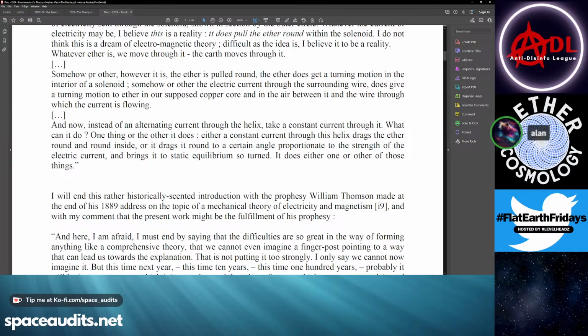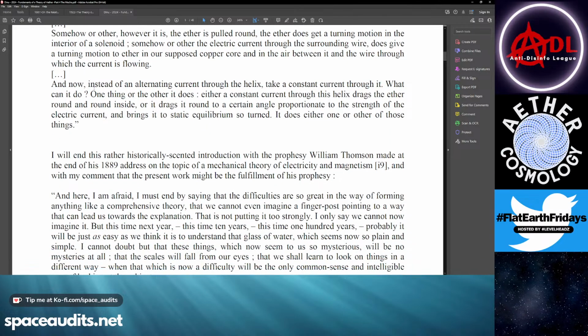My bad. Somehow or other, however it is, the ether is pulled around. The ether does get a turning motion in the interior of a solenoid. Somehow or other, the electric current through the surrounding wire does give a turning motion to the ether, our supposed copper core, and in the air in between it and the wire through which the current is flowing.